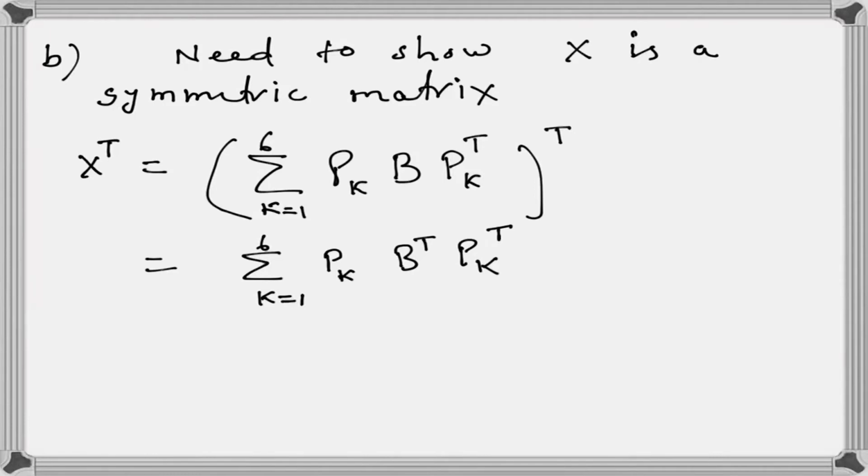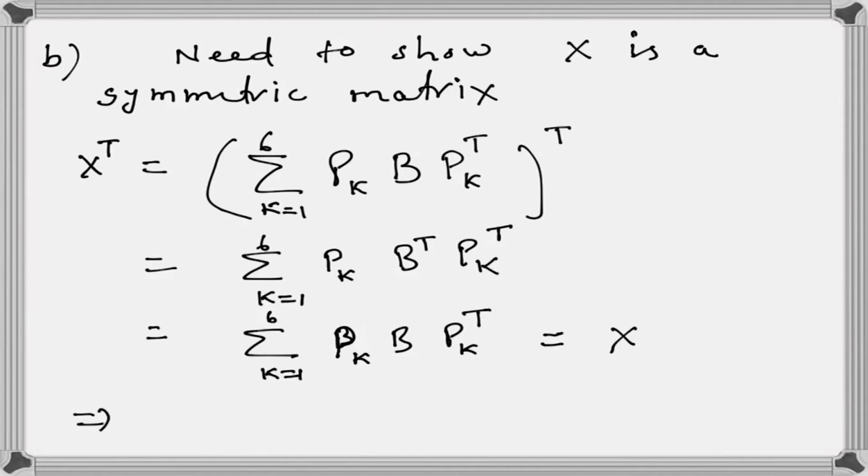All right, and given B is a symmetric matrix, as we have seen in part A, this is equal to the sum over 6 terms of PK B PK transpose, and this is nothing but X. So this implies that X is a symmetric matrix.